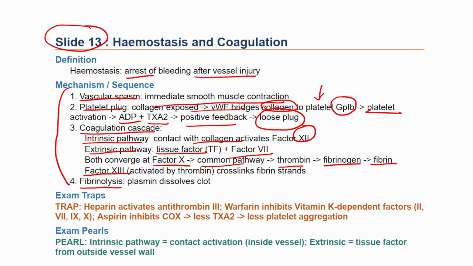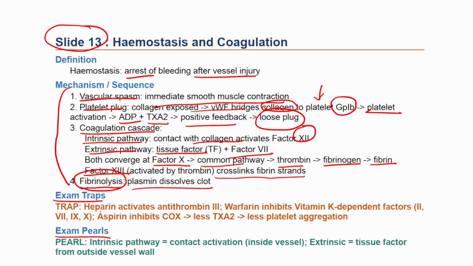Then factor 13 cross-links the fibrin strands to make them stronger and solid. Once tissue repair is complete, the specialized enzyme called plasmin executes fibrinolysis, actively dissolving the fibrin clot to restore normal perfusion. Now we will pay attention to the high-yield exam traps and then exam pearls.